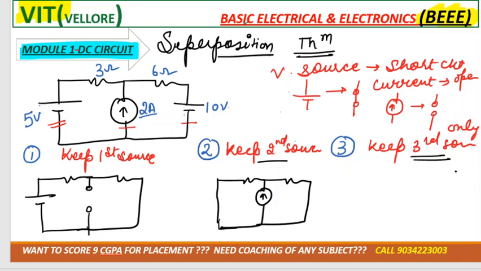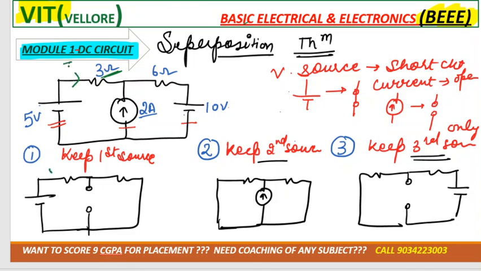Keep third source means we take the third source and eliminate all this. Understood? Now suppose they ask us to calculate the current in 3 ohm. So mark it here as I dash, I double dash, and I triple dash. Okay?